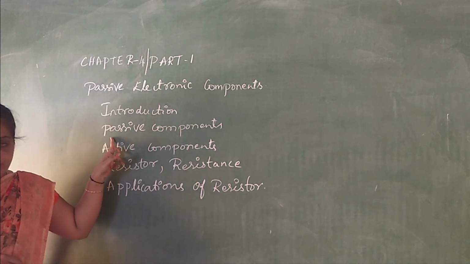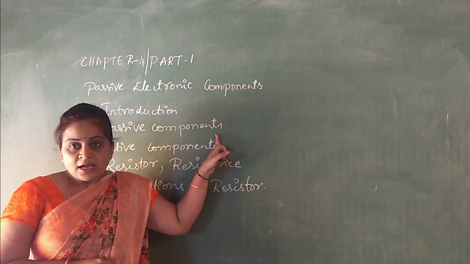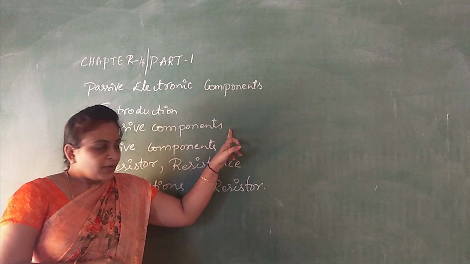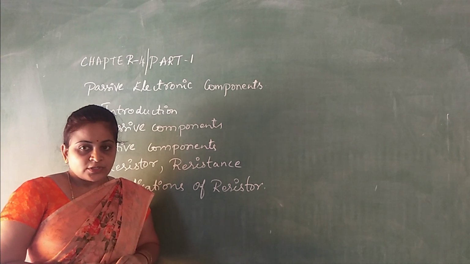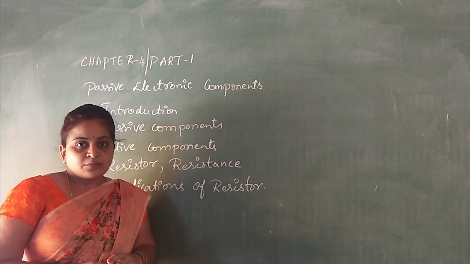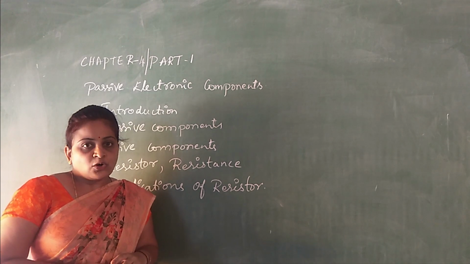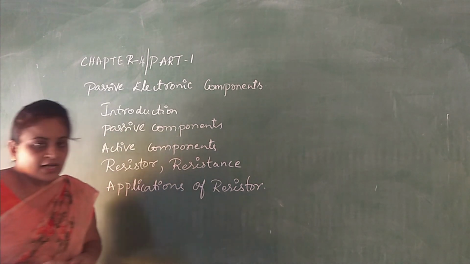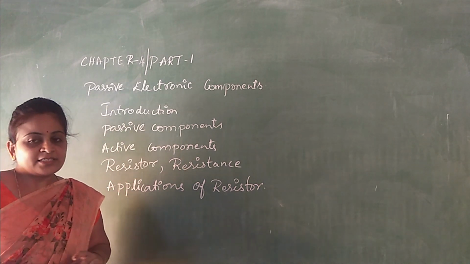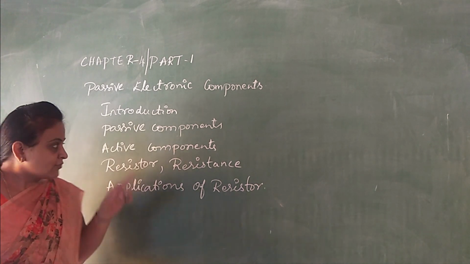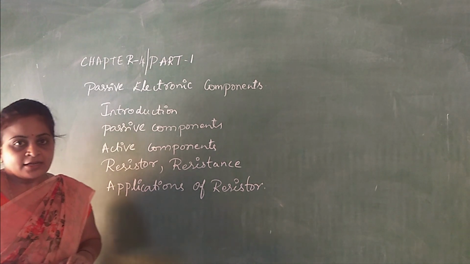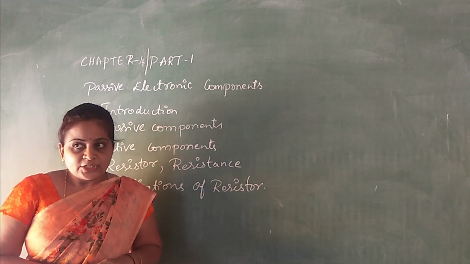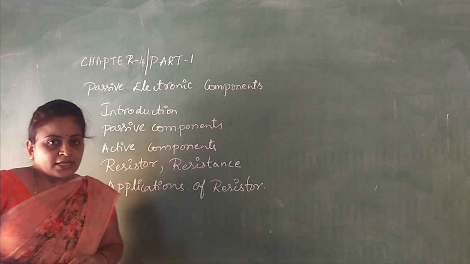Passive components are those which are unable to supply energy to the electronic circuits, but they can absorb, dissipate, and store energy. Examples are resistors, capacitors, inductors. Next we have active components. Active components are able to supply energy to the electronic circuits.